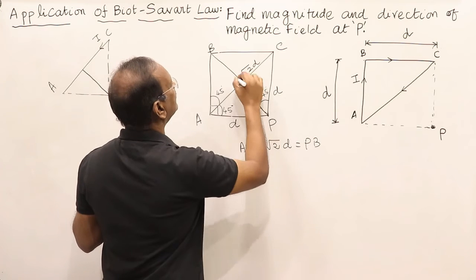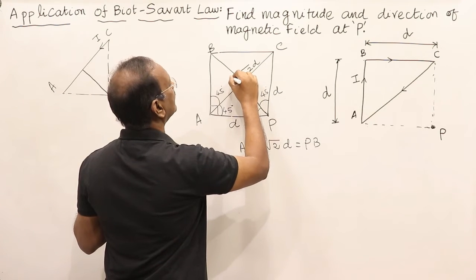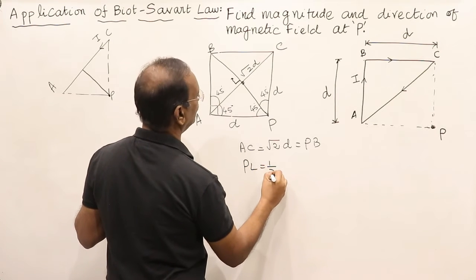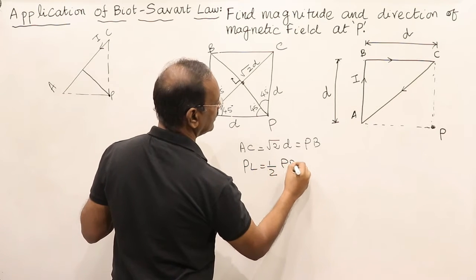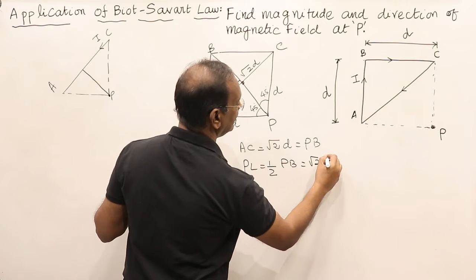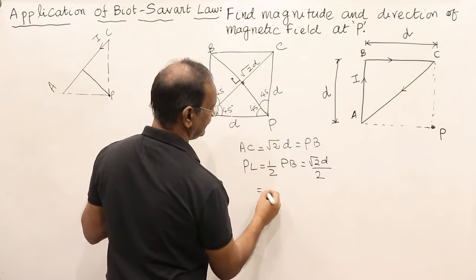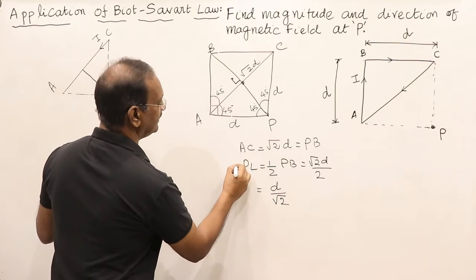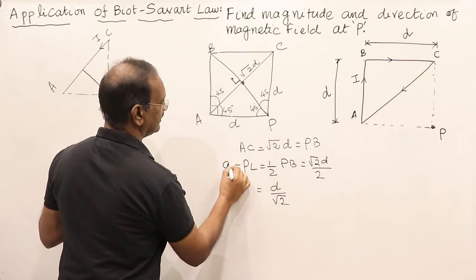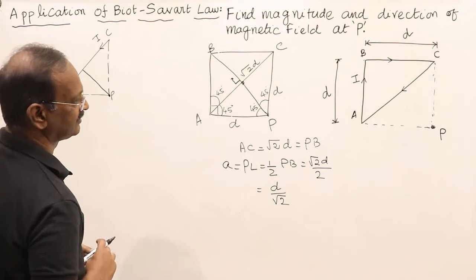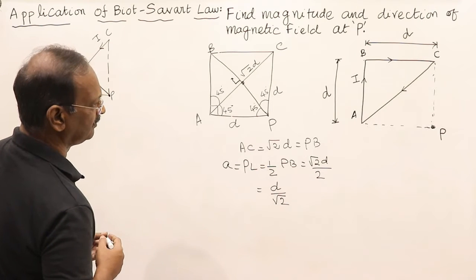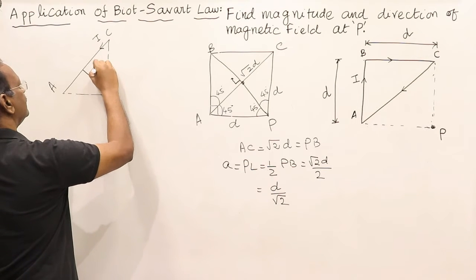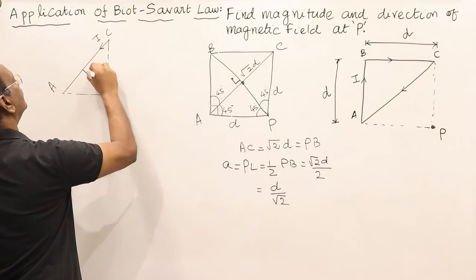Therefore, we call it L. PL is equal to half of PB is equal to root 2 D divided by 2 is equal to D divided by root 2. This is PL, which can also be told as root 2 by 2 D. Now this distance is equal to D by root 2.